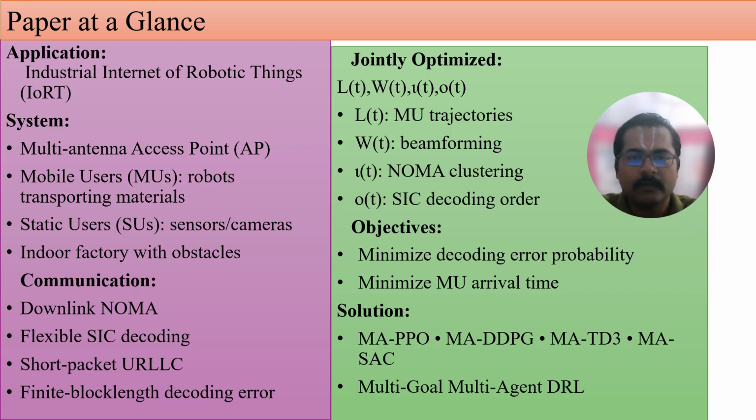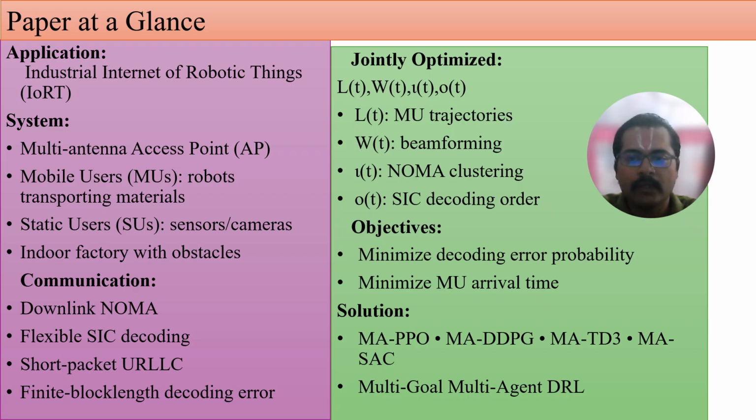In this paper, the mobile user, which is an autonomous mobile robot, its trajectory, the downlink antenna beamforming from the access point to the users, the non-orthogonal multiple access clustering, and the decoding order. These four are jointly optimized.